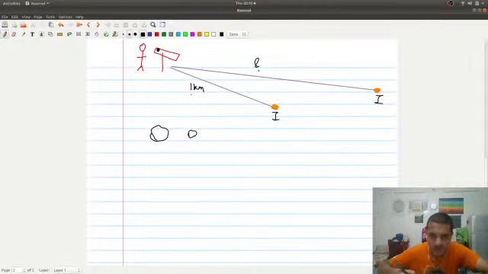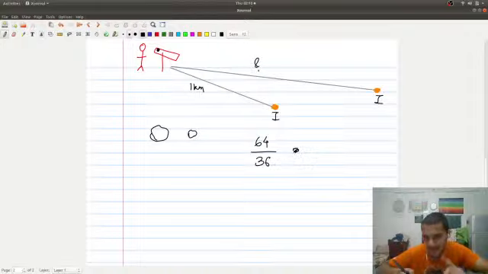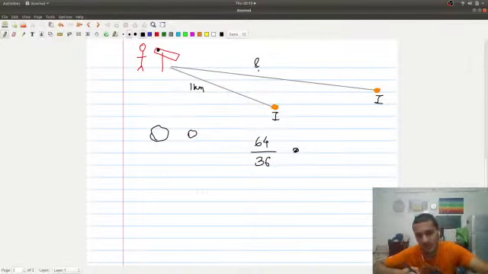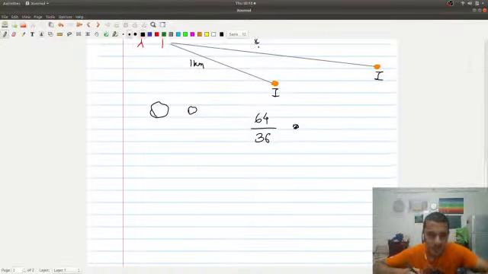But all you need to know is that the difference is like 64 by 36. And that's why. So if you see perfect squares like this, you know that it has something to do with the square, like it feels like you need to take a root of this. And why is that?